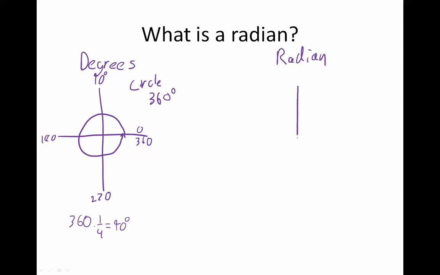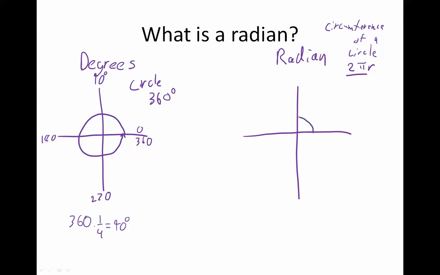A radian is a different way of measuring, and it measures it based on the circumference of a circle, which, if you will remember, is 2 pi r. So if we assume a radius of 1, that makes the circumference of a circle 2 pi. Which means if I do one rotation of the circle, it is 2 pi.